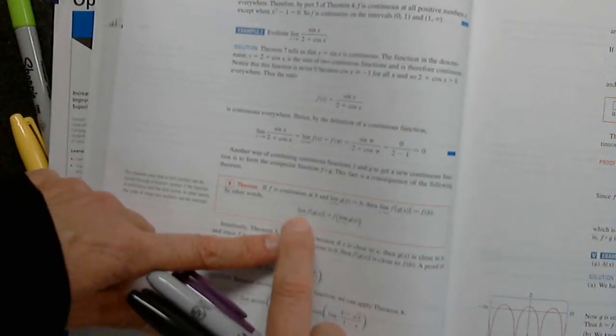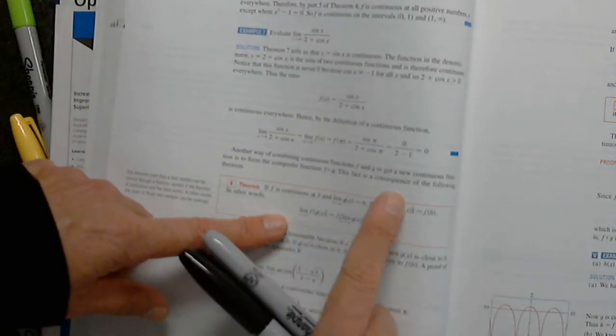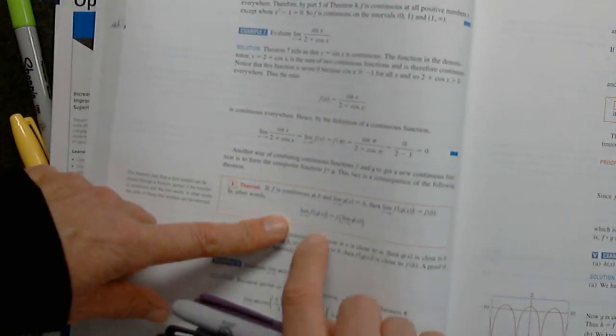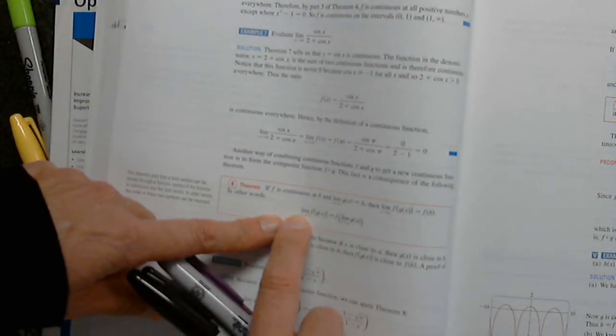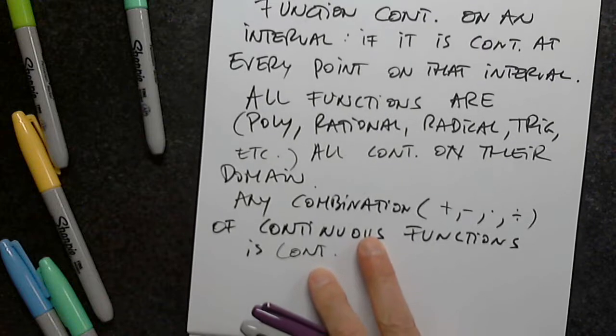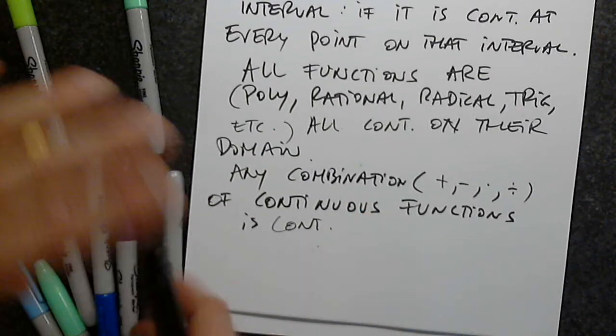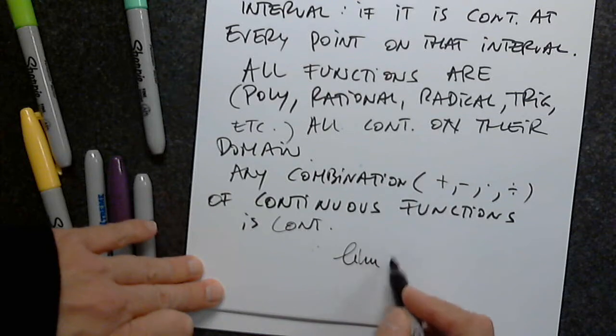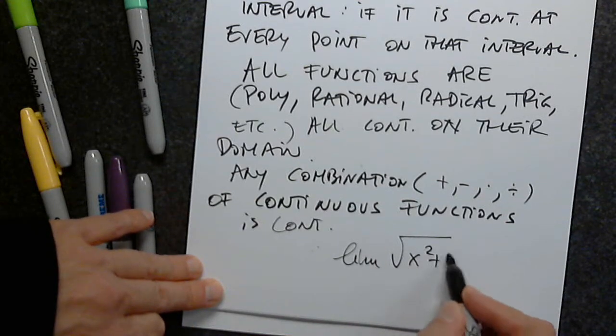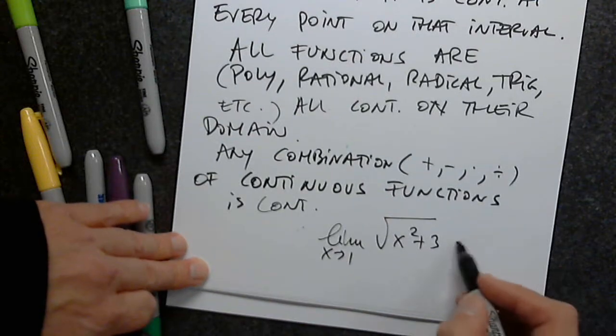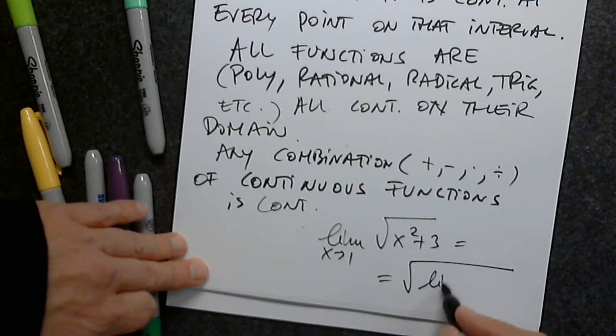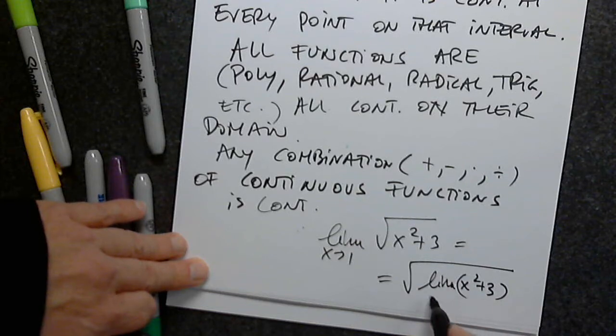The same thing with the limit of the square root of x is the square root of the limit of x. So the function, which is an operator, and the limit, which is another operator, got swapped because of the conditions of continuity being fulfilled, right? So here is an example. The limit of the square root of x squared plus 3 as x approaches 1 is the same as the square root of the limit of x squared plus 3 as x approaches 1.